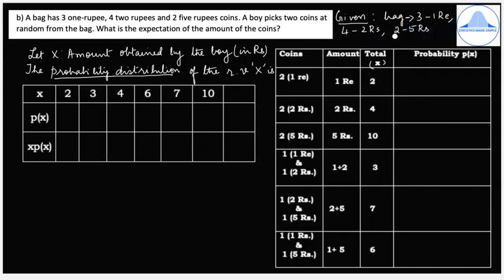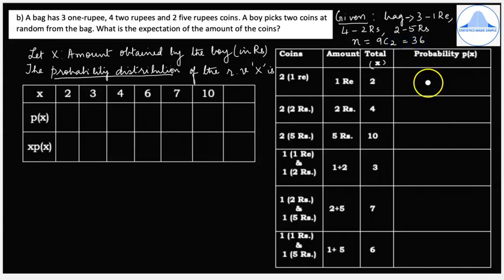So totally it is 3 plus 4 is 7 plus 2 is 9. So n will be equal to, totally there are 9 coins and he has to pick 2 coins. So it is 9C2, which is equal to 36.